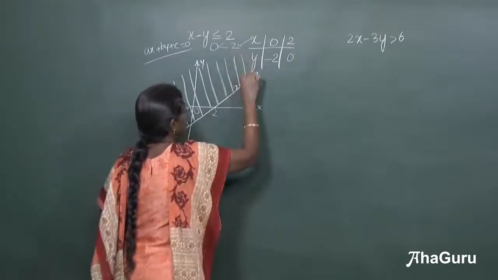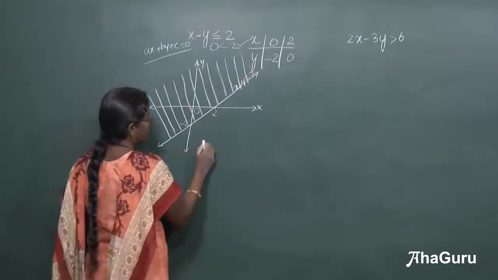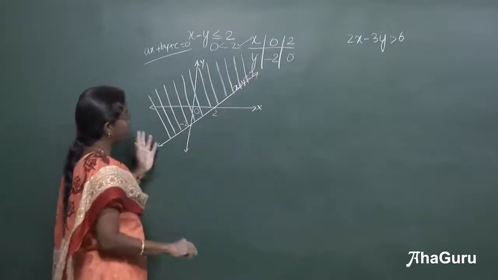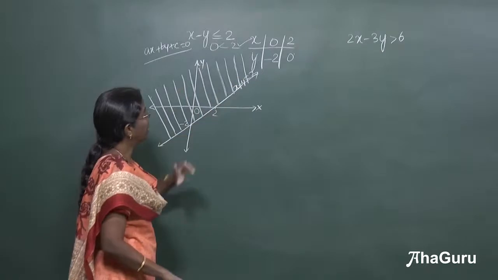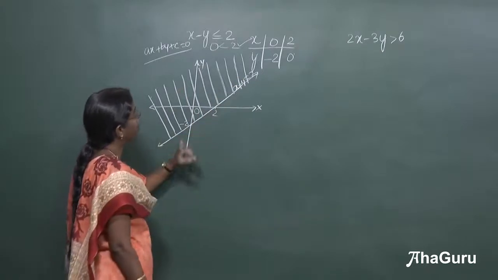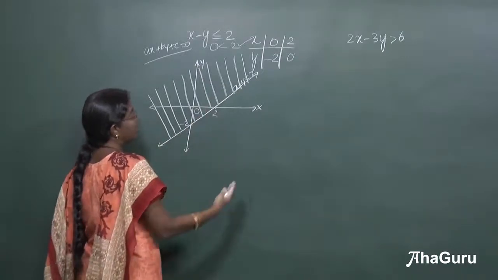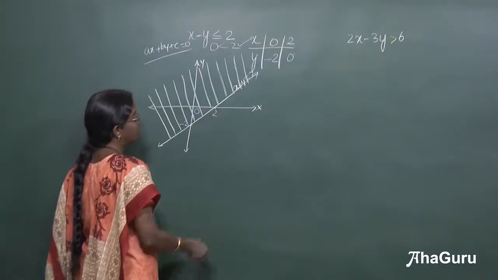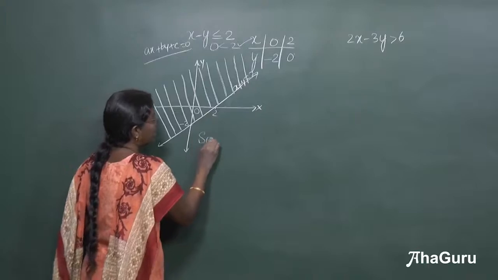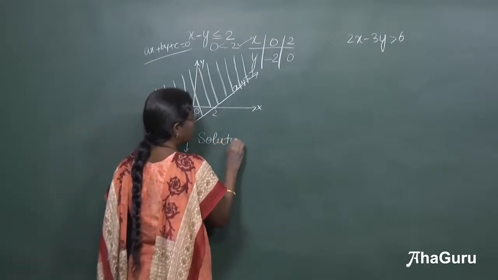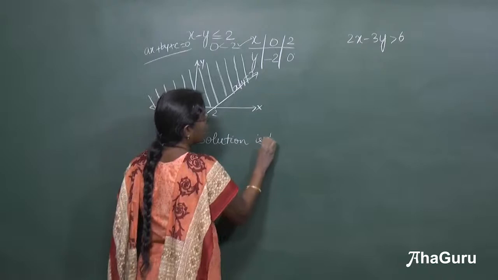Of course, after you take a proper scale on the graph where you are going to draw the line, the scale also has to be written, like in the x axis 1 centimeter is how many units, and so on. On the ruled side, you will write now the solution is the shaded region.